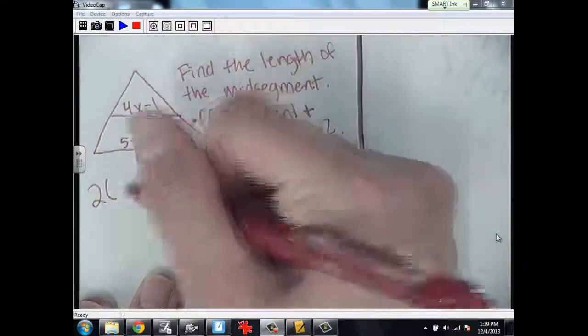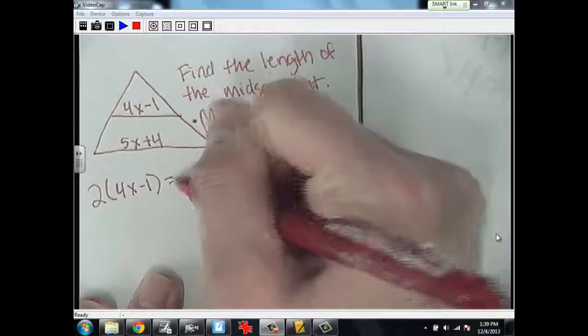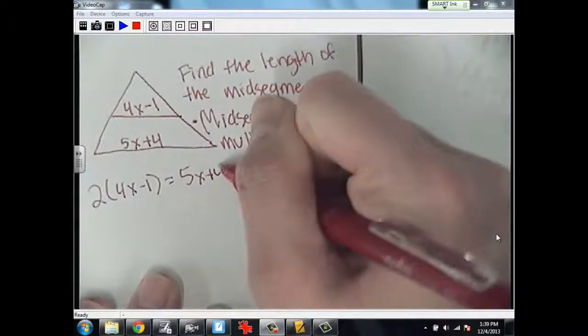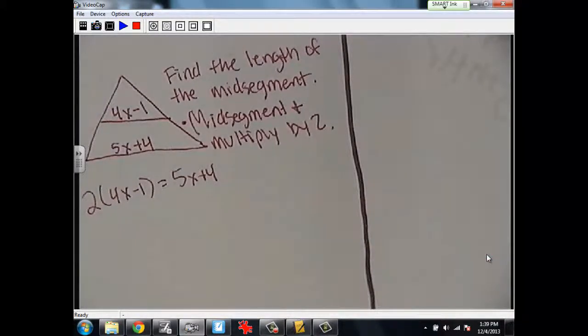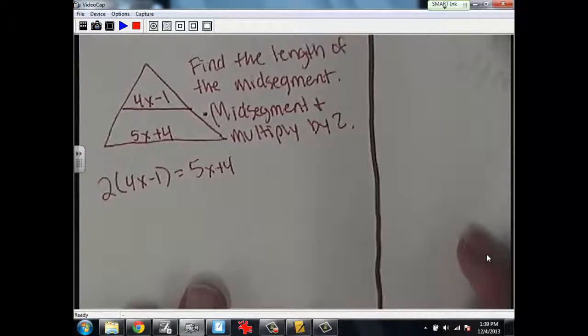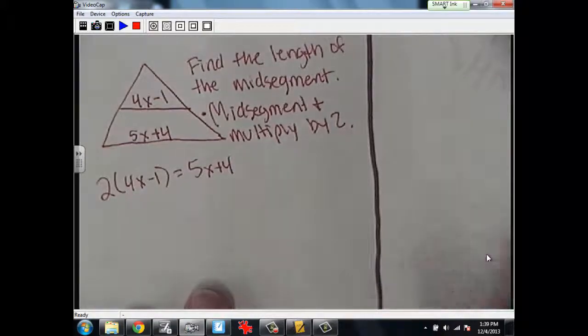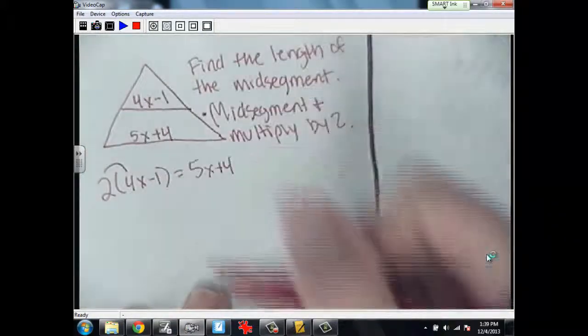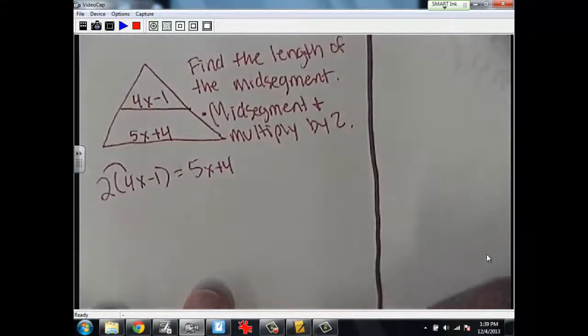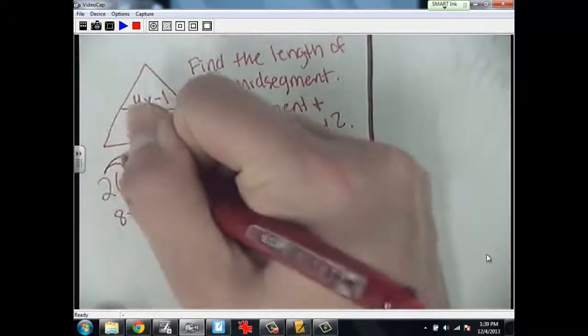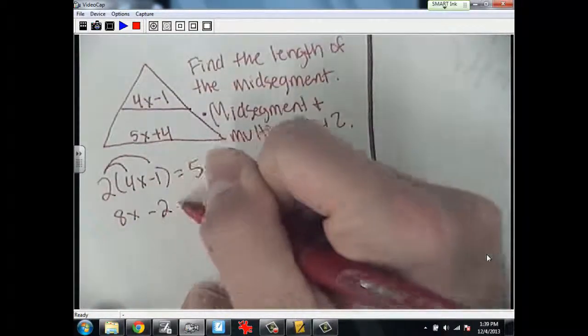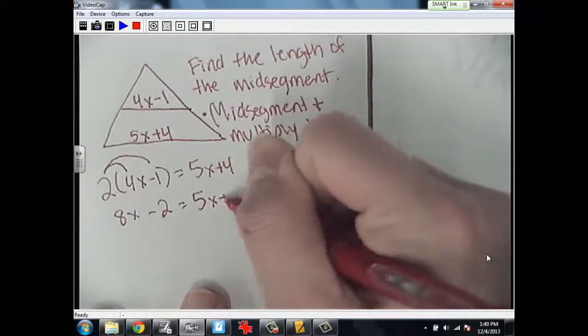The smaller one, we have 4x minus 1, and set it equal to the other one. If we have parentheses we need to distribute through. 2 times 4x gives us 8x. 2 times a negative 1 is a negative 2. And bring down the right-hand side.